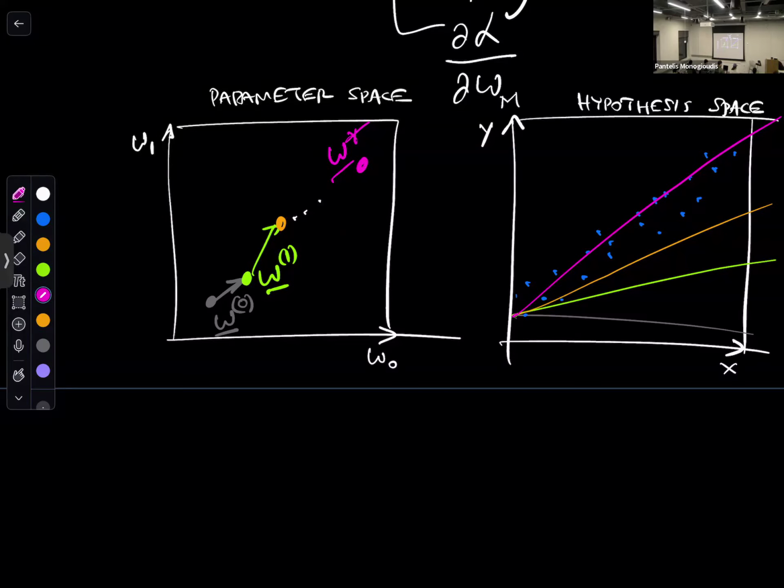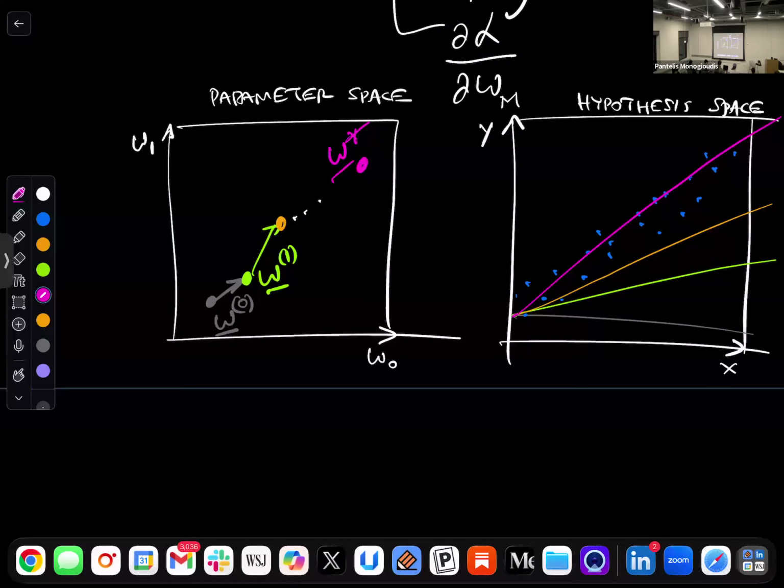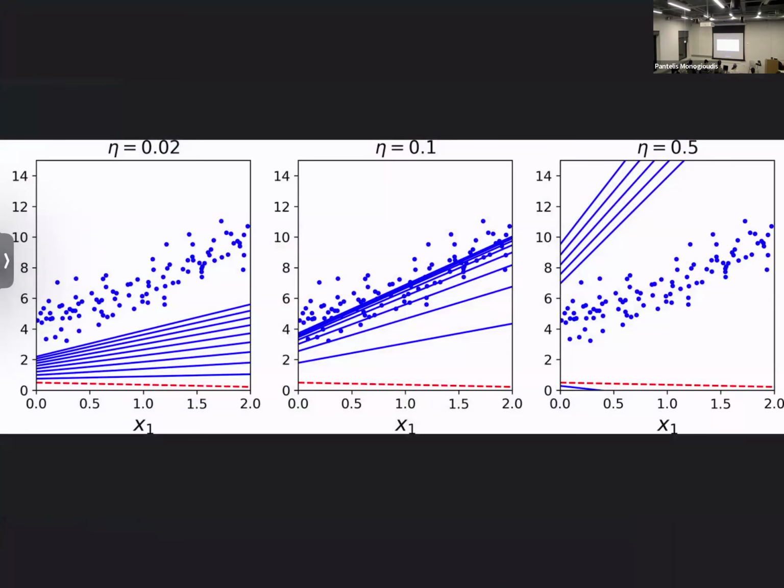You are approaching the minimum, and the gradients are becoming smaller and smaller. The steps are becoming smaller and smaller, the changes. And this is exactly what you see here. Start with a random thing, then you end up with a final hypothesis.